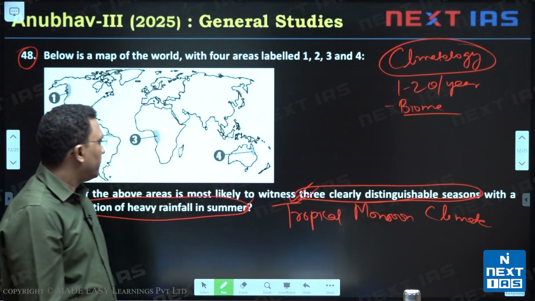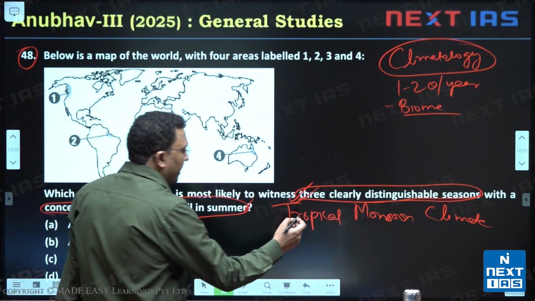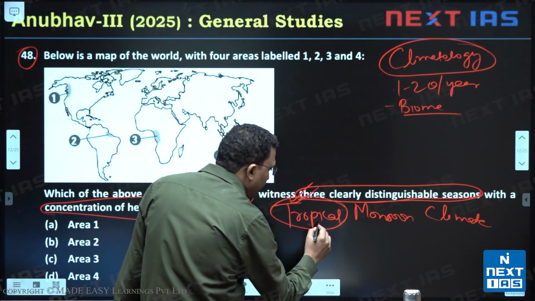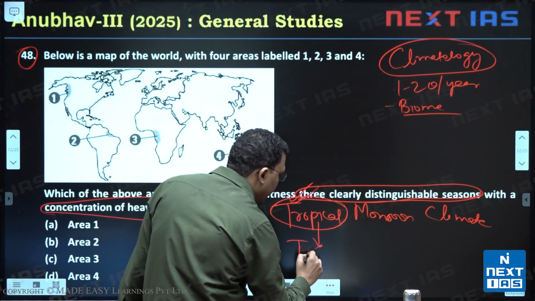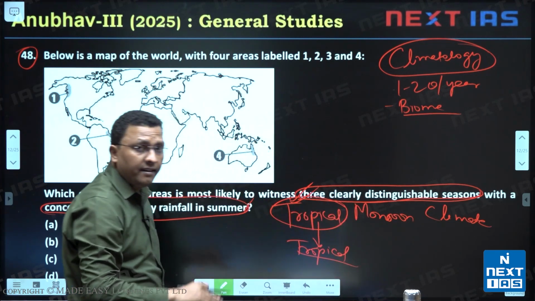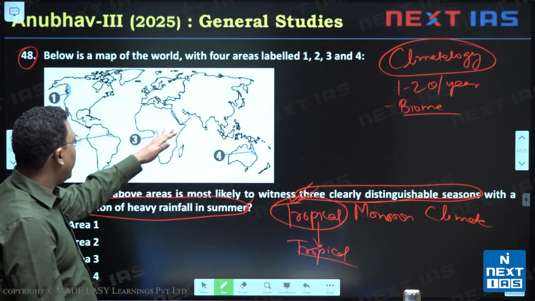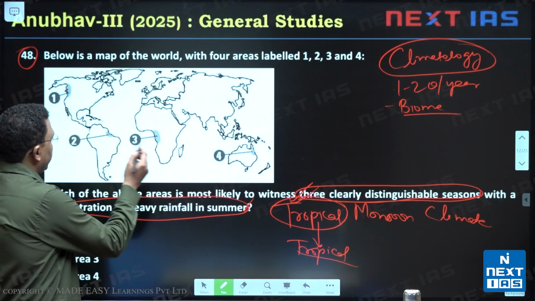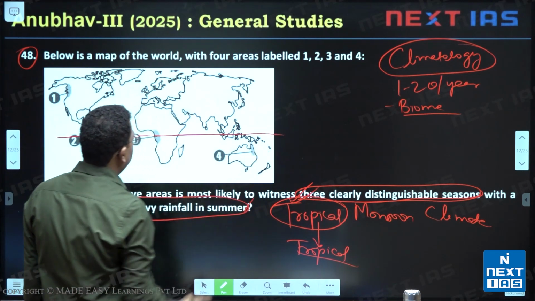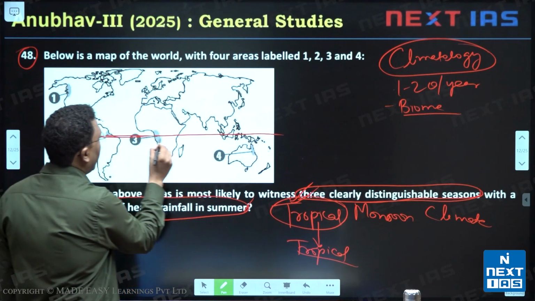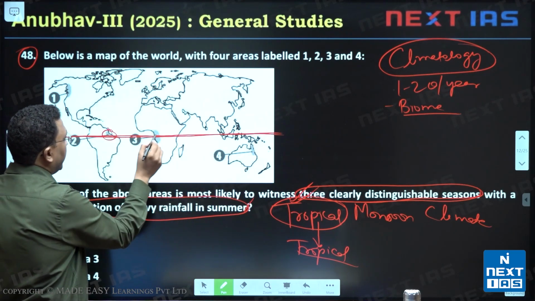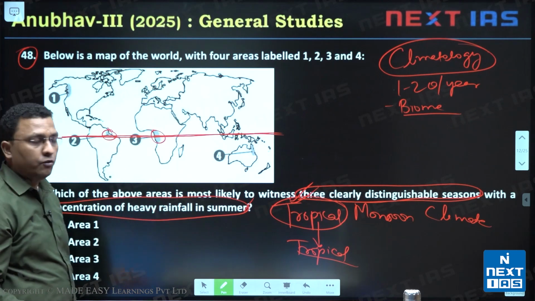right? So as it is clear from the name itself, tropical monsoon climate has to be lying in the tropical region, right? It has to lie in the tropical region, right? And in the given map, if you see, these two areas will lie on equator. Equator will be lying somewhere here, right? So that means area 2 and area 3 will be lying on equator.